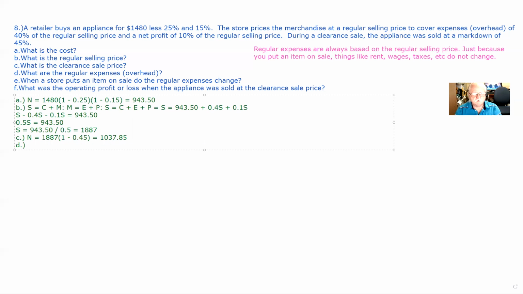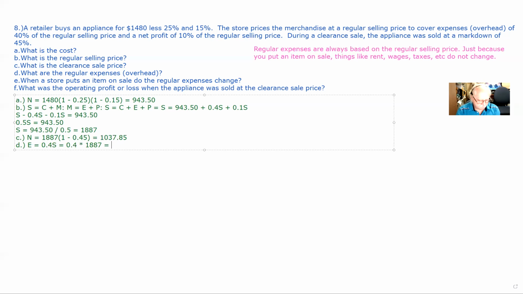So we can look at part D. What are the regular expenses, or just the expenses? Expenses equals, and we're told they were 40% of the regular selling price, but we think we know the regular selling price. So 0.4 times 1,887. And what do we get there?